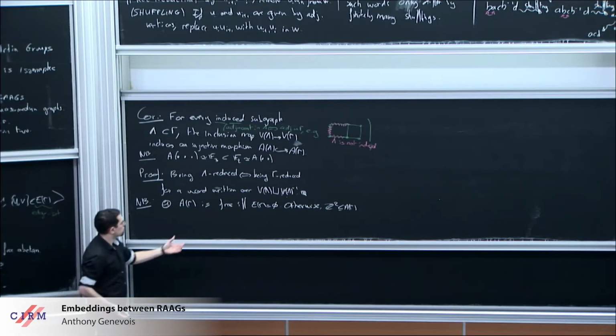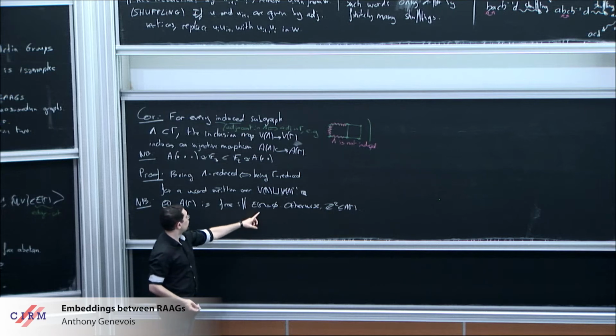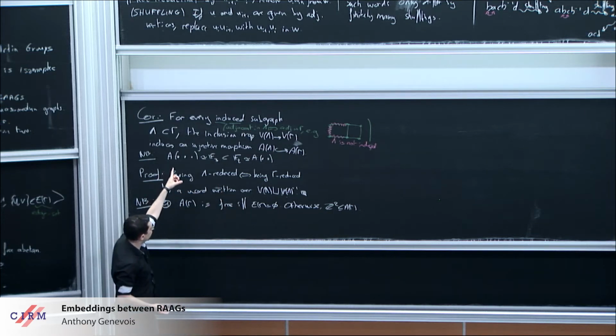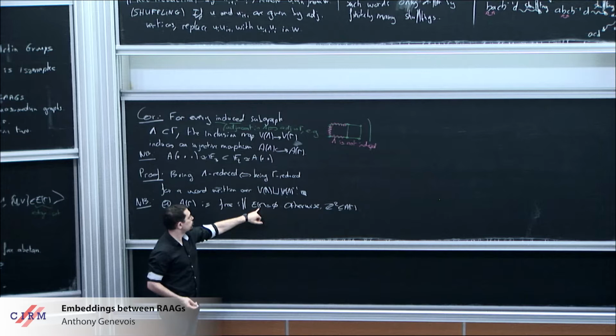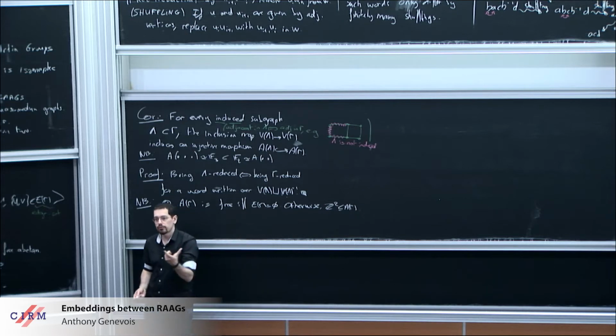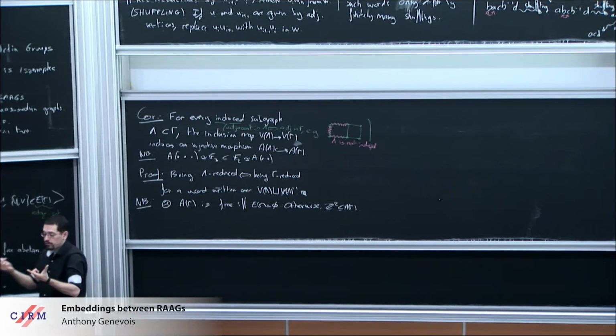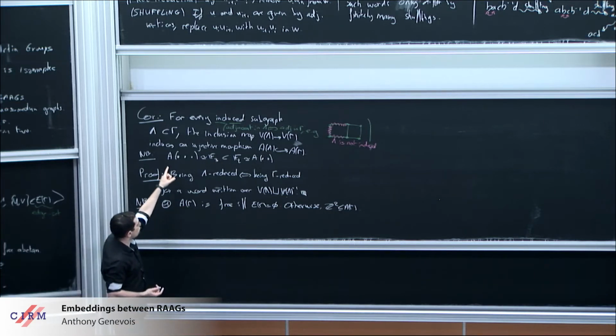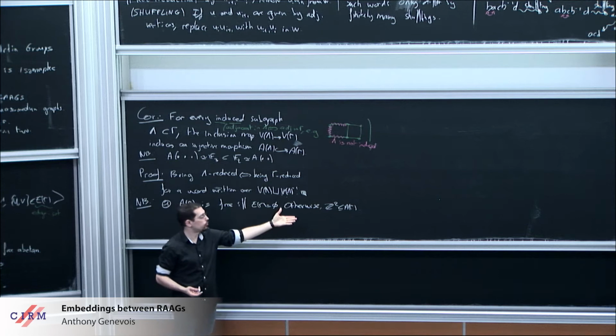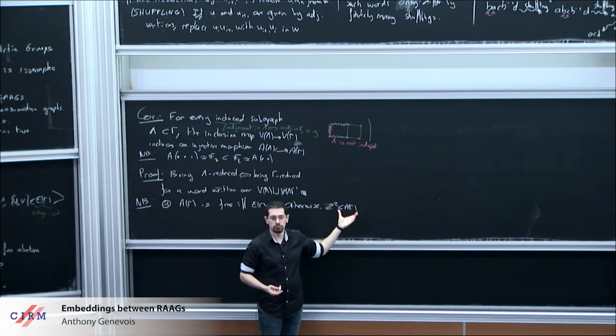This is essentially obvious if you have this corollary, because if you have an edge, then you take the subgraph which is just an edge, and the corresponding subgroup is just Z squared, right? And if you contain Z squared, you are not a free group.